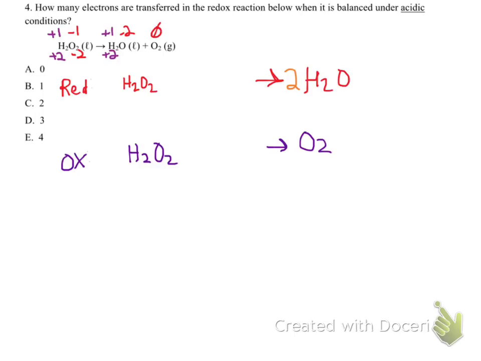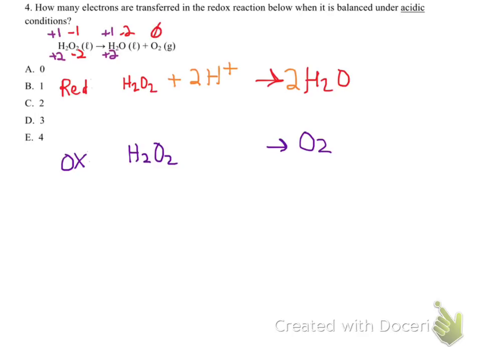Great. But wait a minute. Now hydrogen's all out of whack. Well, we can easily account for that by adding in H+. So we need to have, since we have 4 hydrogens on this side, we're going to put 2 H+ over here to account for the fact that we already have 2 hydrogens. So now there's 4 on both sides. The last thing we want to do after the hydrogens is make sure the electrons are balanced on each side.